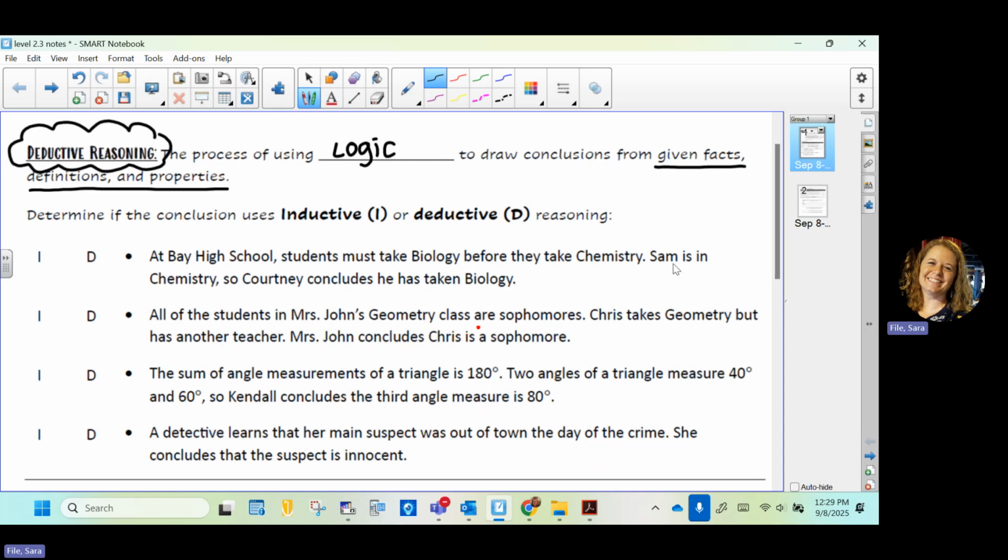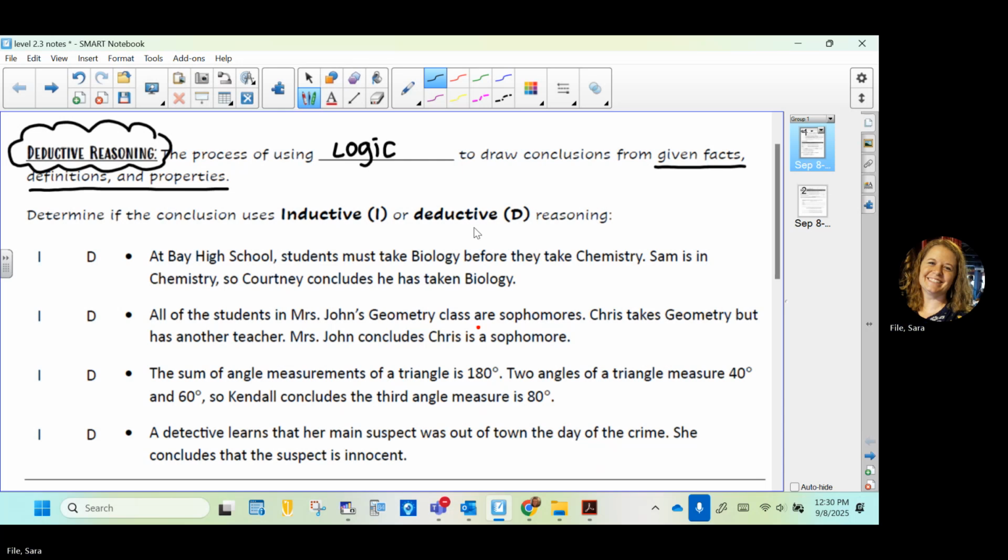Because Sam is in chemistry, Courtney thinks he must have already taken biology because of this rule at their school. So for her drawing that conclusion, do you think that's inductive or deductive? Inductive uses patterns. Deductive uses facts, definitions, rules, things like that.